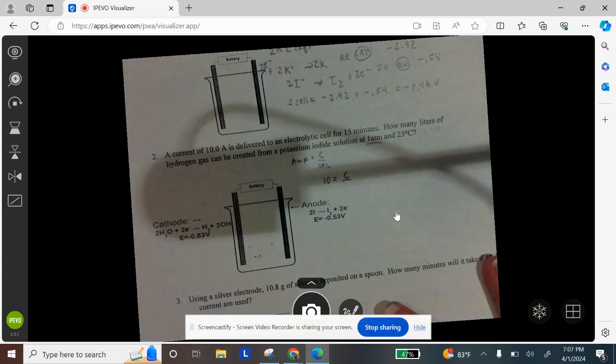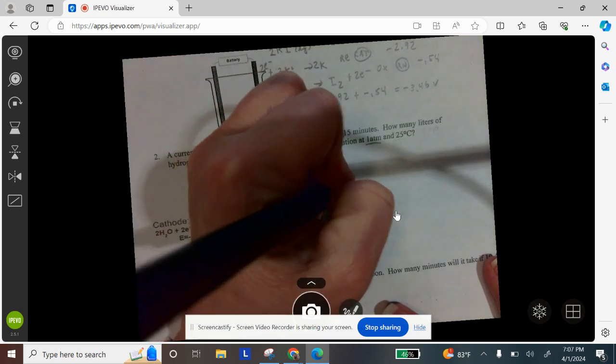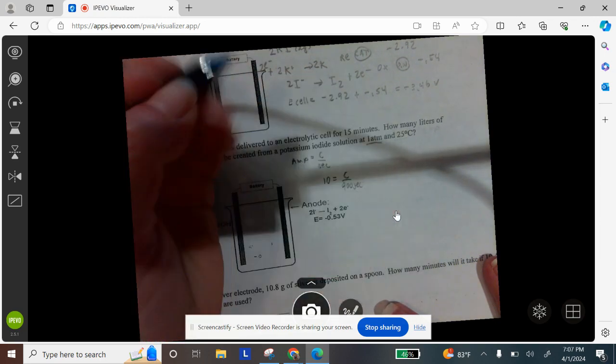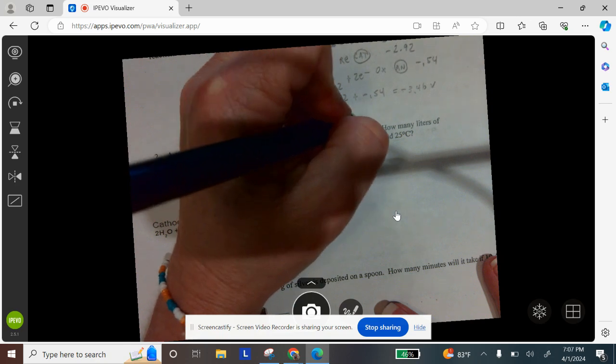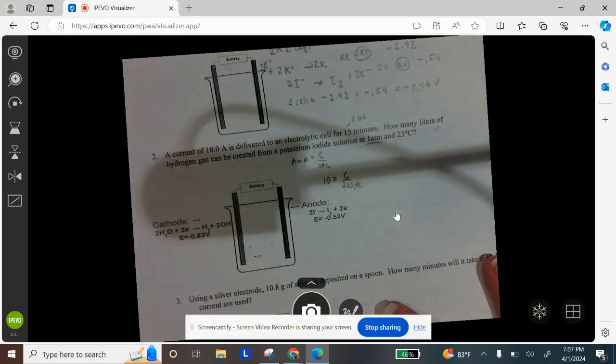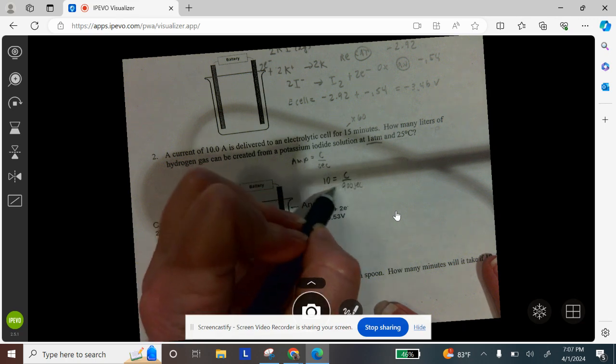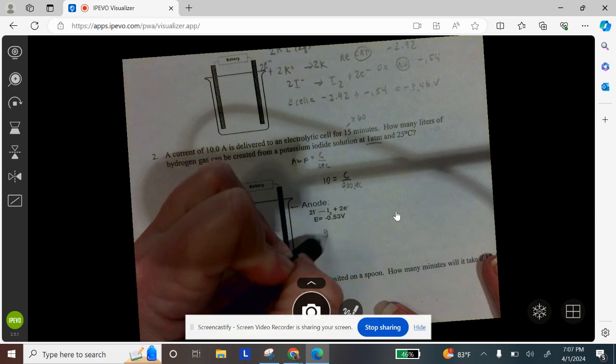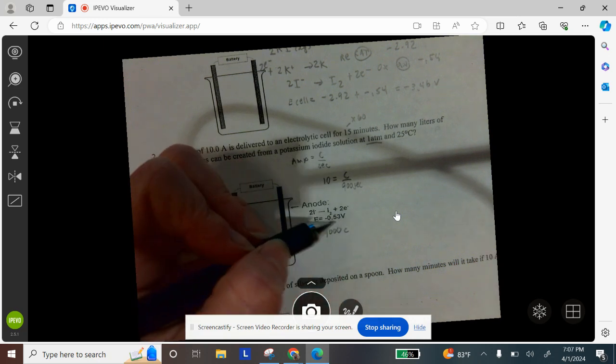And if I calculate 15 minutes, that should be 900 seconds, right? Because this is just times 60. Okay. So if I solve for coulombs, I'm going to get 9,000, right? Just multiply these guys. So I'm going to get 9,000 coulombs.